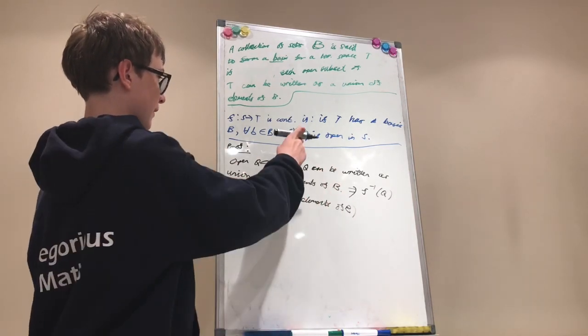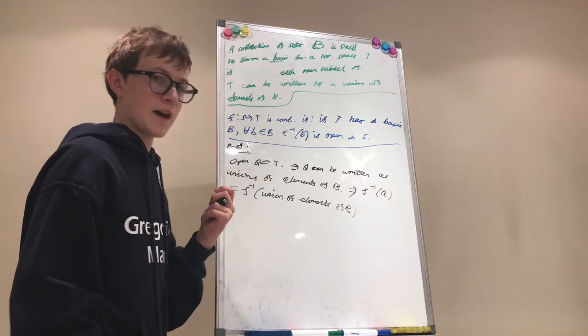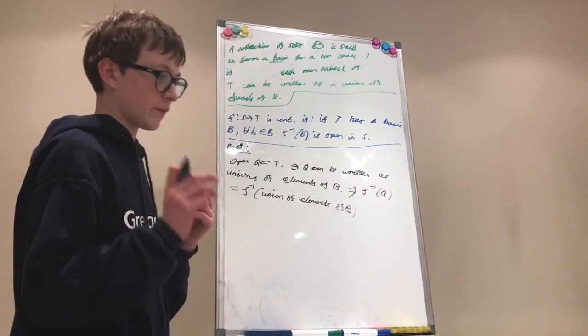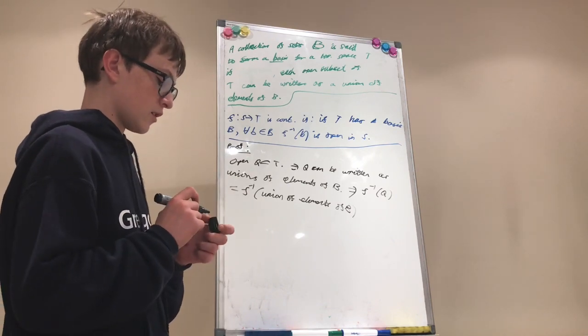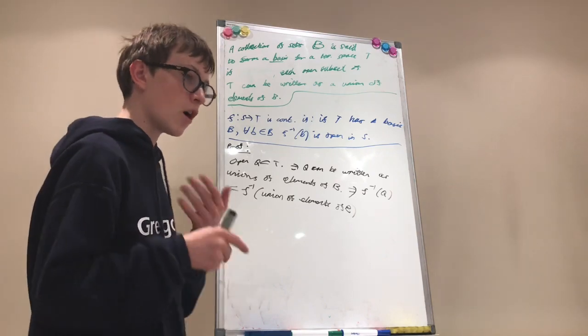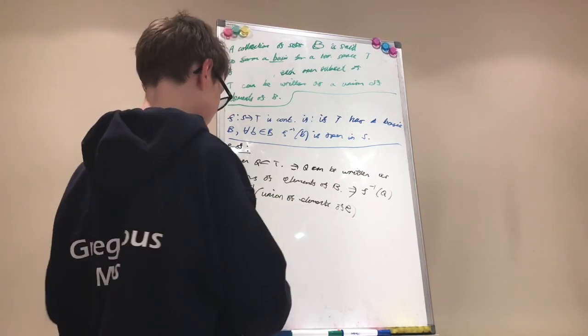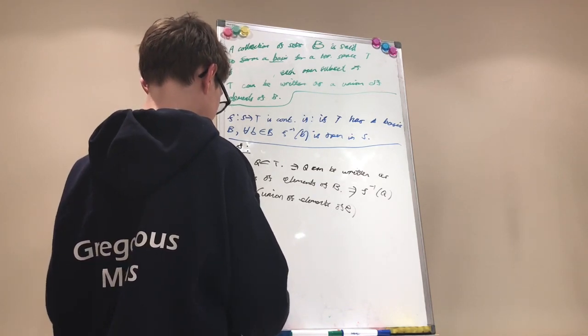And seeing as the preimage of every element of the basis is open in S, and because by the definition of a topological space arbitrary unions of open sets are open, therefore I've completed the proof.